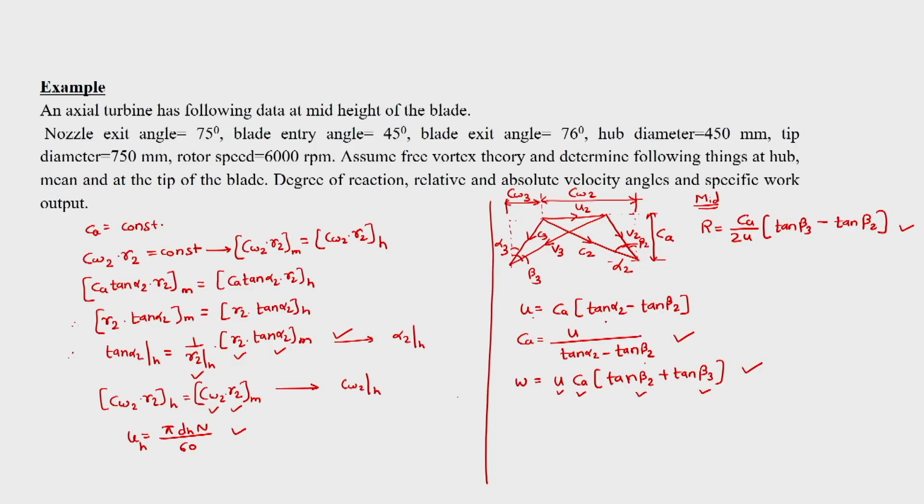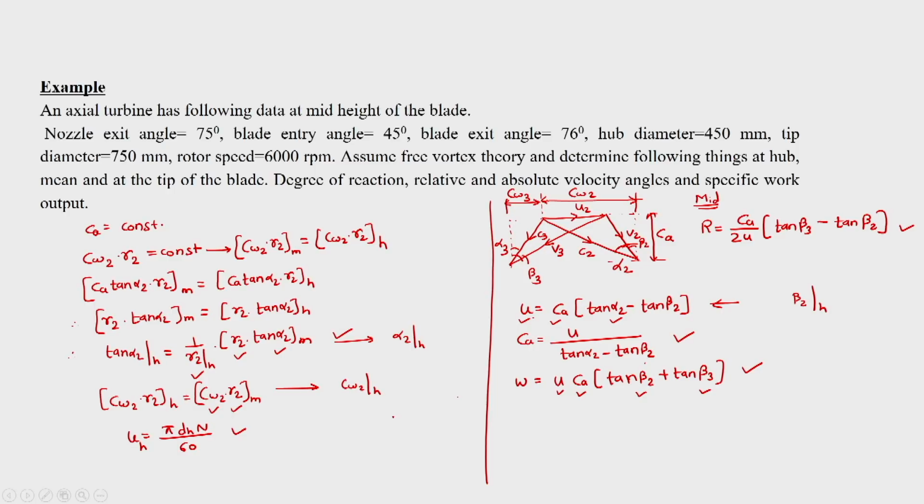For that we can use this formula to find out beta 2 at hub. U at hub is known, Ca is known, alpha 2 is known, so we can find out beta 2 at hub using this formula.